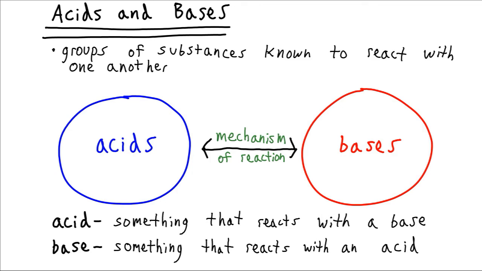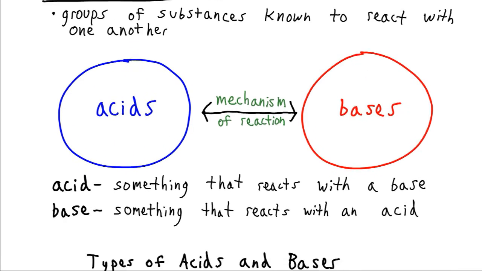Bases tend to be more bitter, they feel slippery in your hand because they're dissolving the proteins in your skin. Use them to make soaps and things like that. And that's just kind of an arbitrary division, though. But what matters is that we have this box and we have this box.